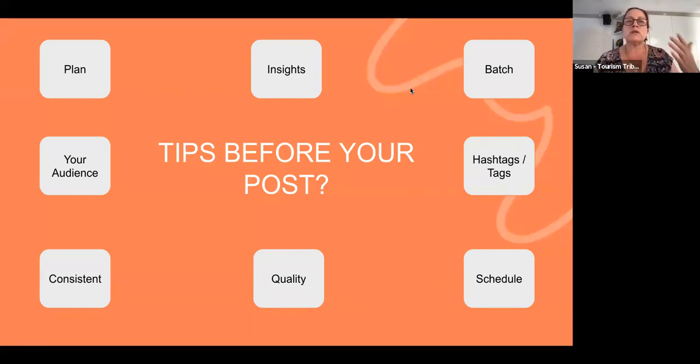The algorithms are looking for that consistency. The more you're consistent and posting, the more your audience is going to see it and interact. When they like, comment or share on your post, your feed will come up to them more regularly and they'll see it more. So it's really important to get that consistency right.